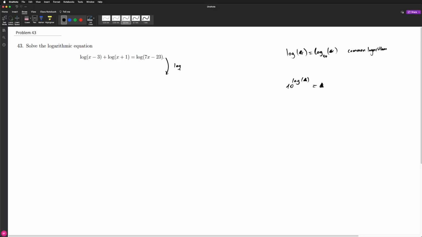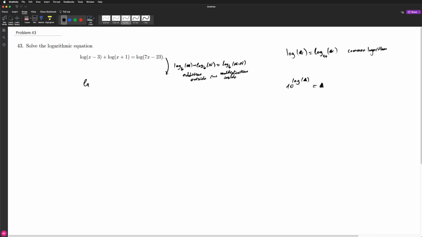And for that, I'm going to use the rule: addition outside for logarithm is the same thing as multiplication inside.